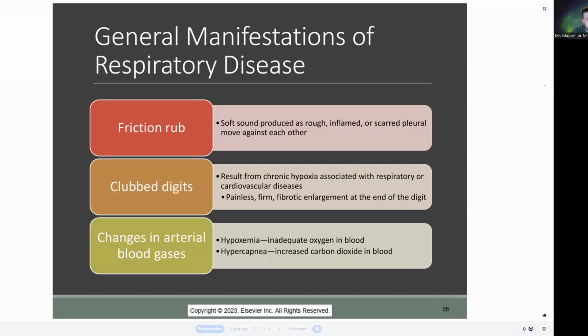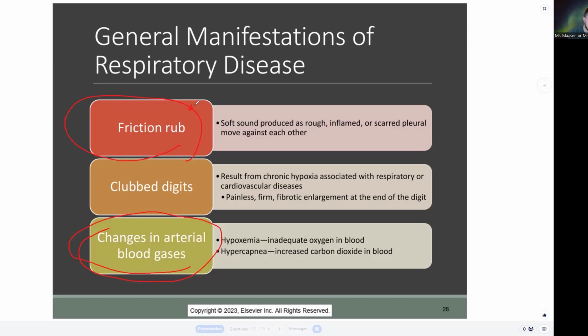Other general manifestations that you'll see, maybe changes in ABGs if we did one. A friction rub is an interesting one. I wouldn't say it's necessarily a need to know, but more of a nice to know. It's a soft, rough sound.